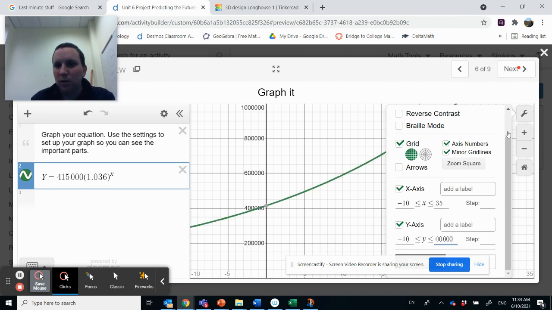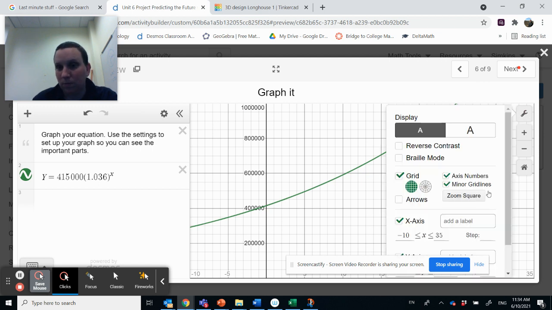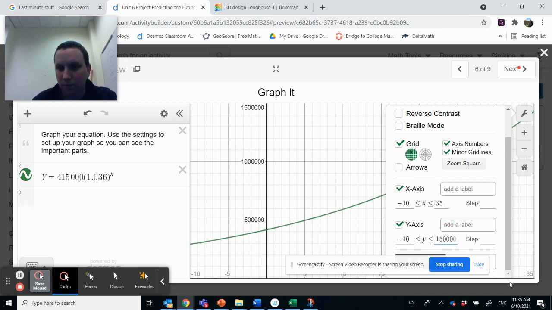Now I'm going to take a look at my graph and see, does it show me 30 years? Here's 30 on the x. I still can't see where the graph crosses 30. This line ends here, so it means I have to go even higher. Maybe I'll try 1,500,000. So I'm guessing and checking to get to a big enough number to see the graph.